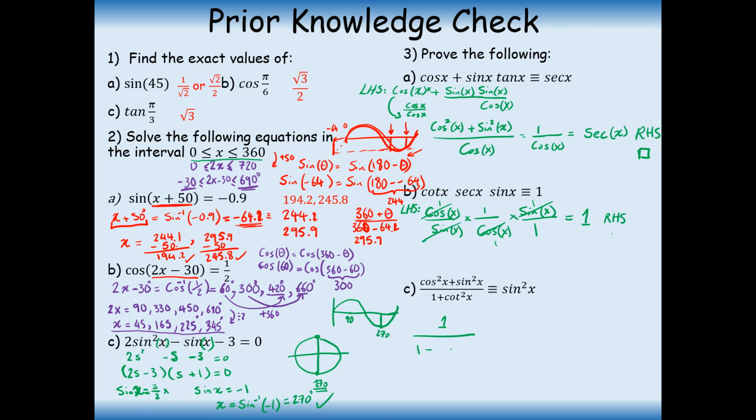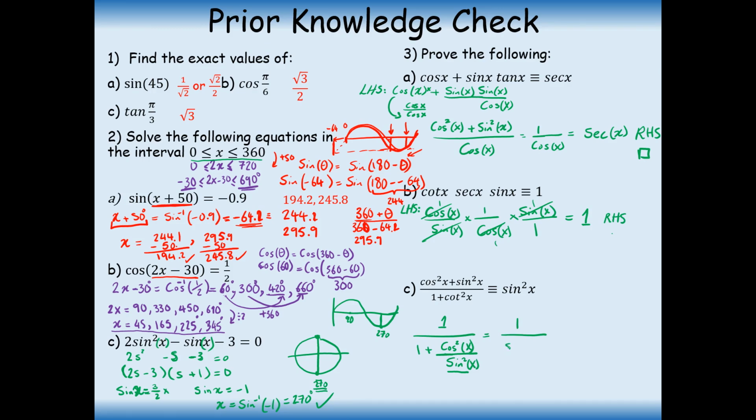I'm going to write cot squared as cos square over sine square. And in the denominator, we can get a common denominator and rewrite that 1 as sine square over sine square, because here we have the denominator sine square. So let's just leave the 1 there.